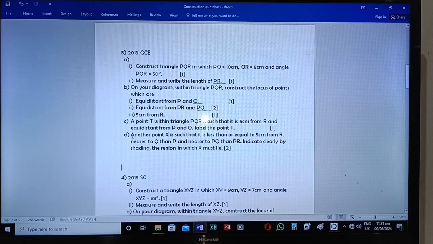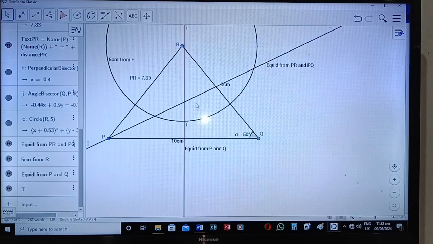Part D, another point X is such that it is less than or equal to 5 centimeters from R, so it is this side here. And nearer to Q than P, so left of this locus here, this side.